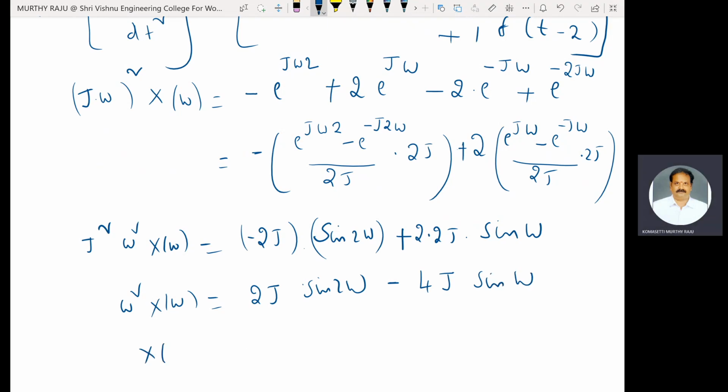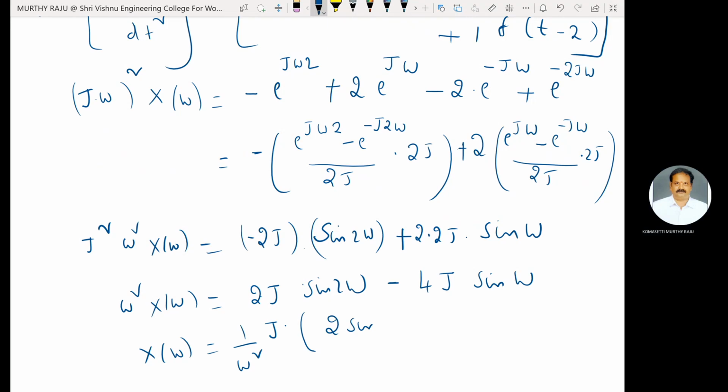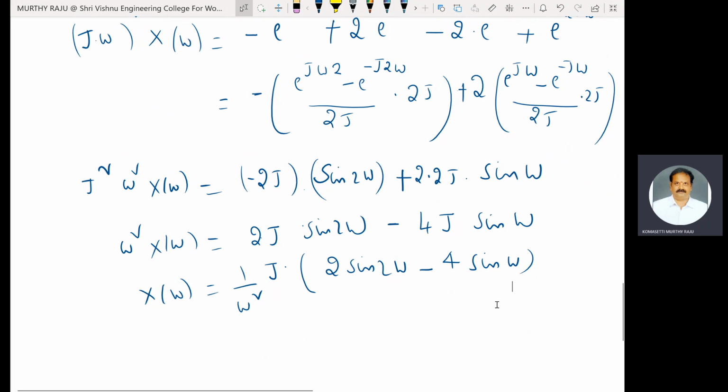Therefore, x of omega is equal to 1 by omega square j into 2 sine 2 omega minus 4 sine omega. This is the final Fourier transform expression of the waveform shown in the above figure.